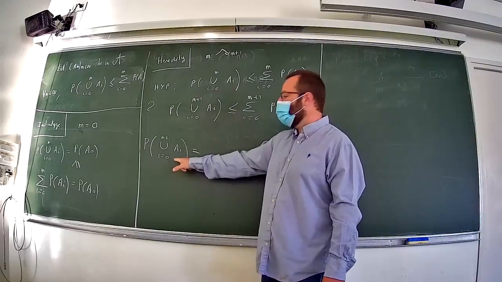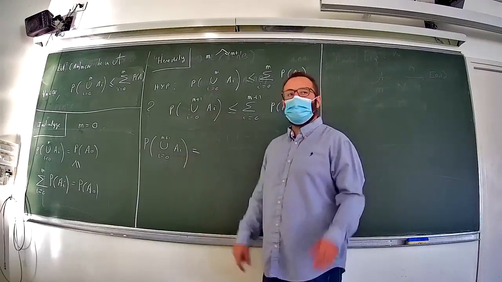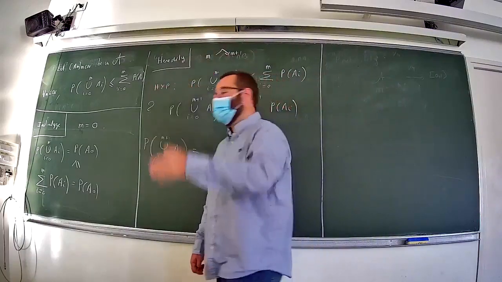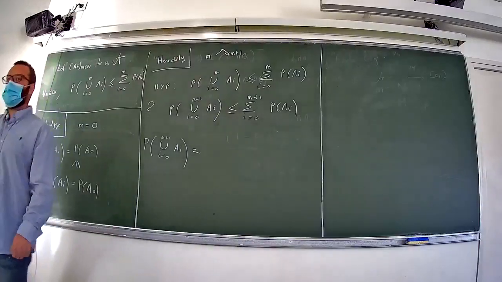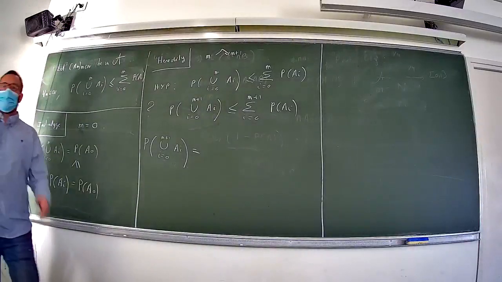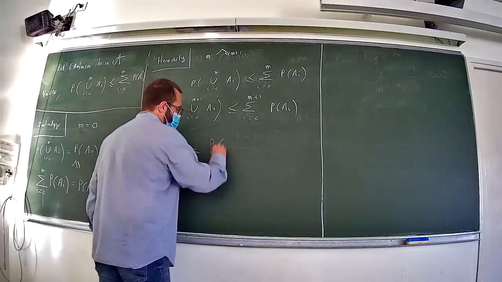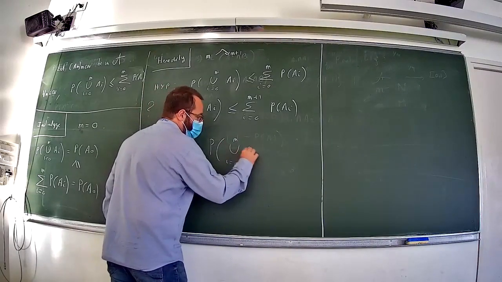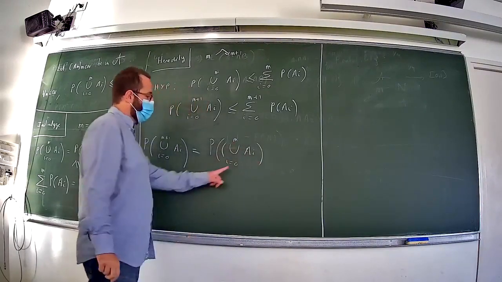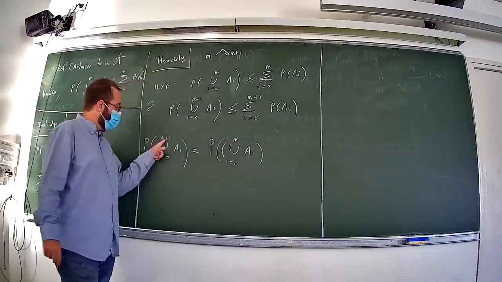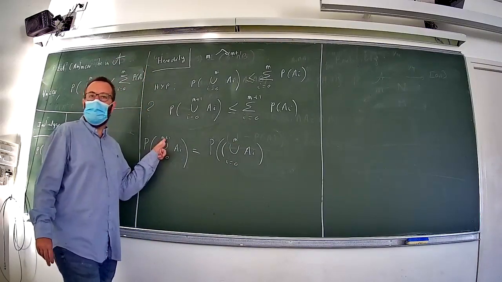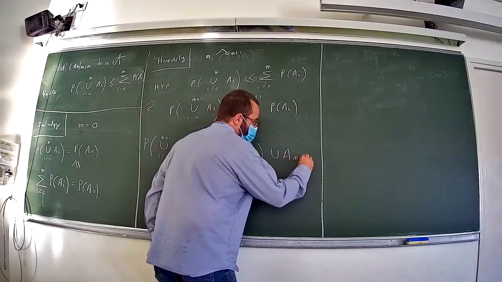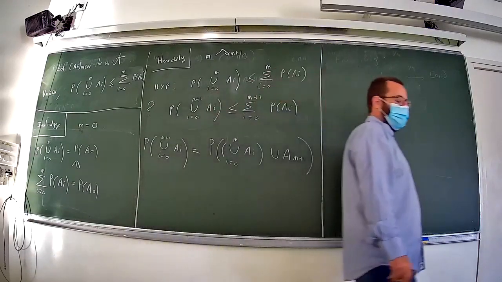It's not that complicated because you have a union here. This one means A0 union A1 union A2 until A_{n+1}. In fact, I can cut or separate this union in two terms. I can write it as the union of the Ai from 0 to n, but if I do this, I miss someone, that is A_{n+1}.